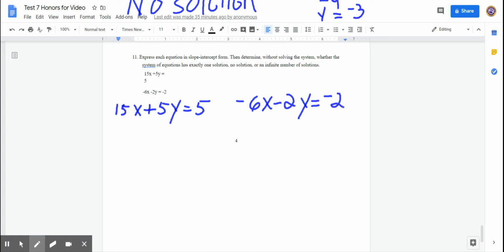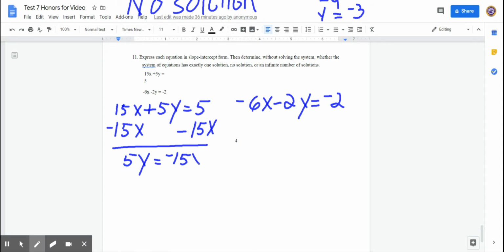Okay? So if we solve this first equation for y, we're going to subtract 15x from both sides. And we're going to get 5y equals negative 15x plus 5. We're then going to divide through by 5 and get y equals negative 3x plus 1.